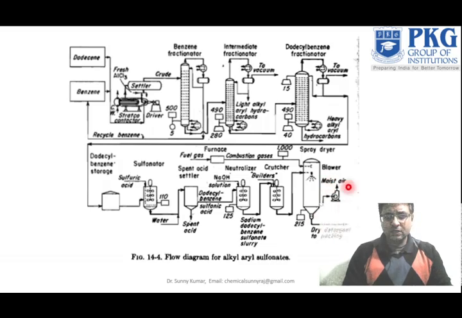So this is a flow sheet for the alkyl aryl sulfonates we are producing for detergent purposes. This is a very simple diagram where we are using aluminum chloride as a catalyst.